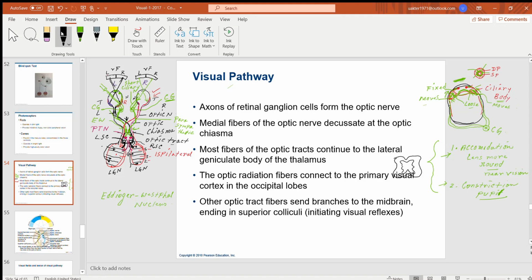So this is gray and this is white. On each side of the gray matter there are the ventral horn, dorsal horn and lateral horn. The lateral horn is important for this purpose. So these are the neurons in the lateral horn.